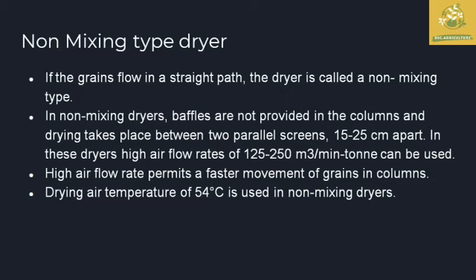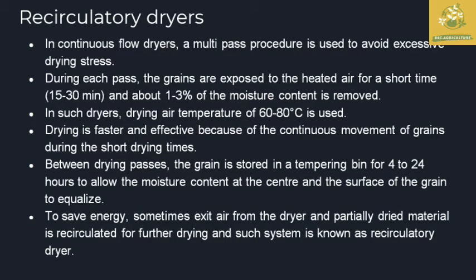A high airflow rate of 125 to 250 meter cube per minute per ton can be used, and the higher airflow rate permits faster movement of grains in the column. Some mixing can occur during the high airflow, but not as much as in mixing type dryers, and a drying air temperature of 54 degrees centigrade is used in non-mixing type dryers. So please note the difference between mixing and non-mixing types, and now we can go on to recirculatory dryers.